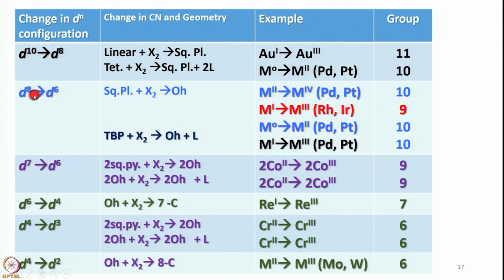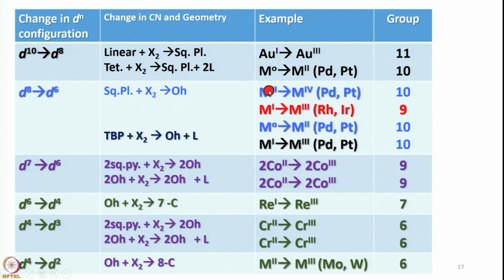Similarly, when you consider d8 species, that changes to d6, a 2 electron change, and if you consider Vaska's compound, or group 10 species with +2 state, nickel, palladium and platinum, or group 9 metals in their +1 state, rhodium or iridium, in this case this can happen, d8 to d6. 16 electron species becomes 18 electron species, and then they will have octahedral geometry.